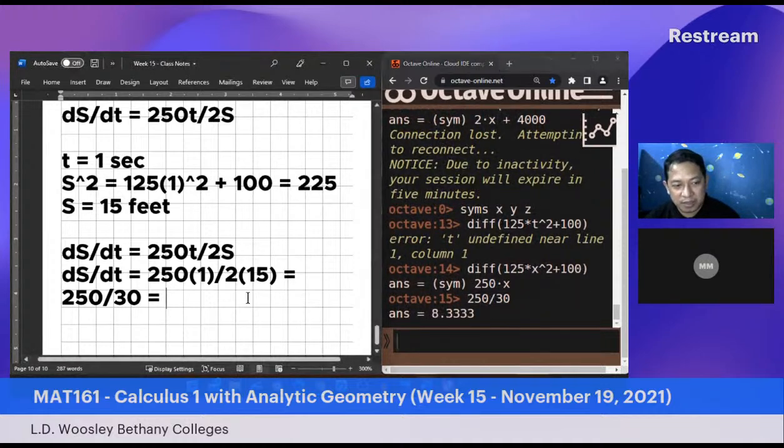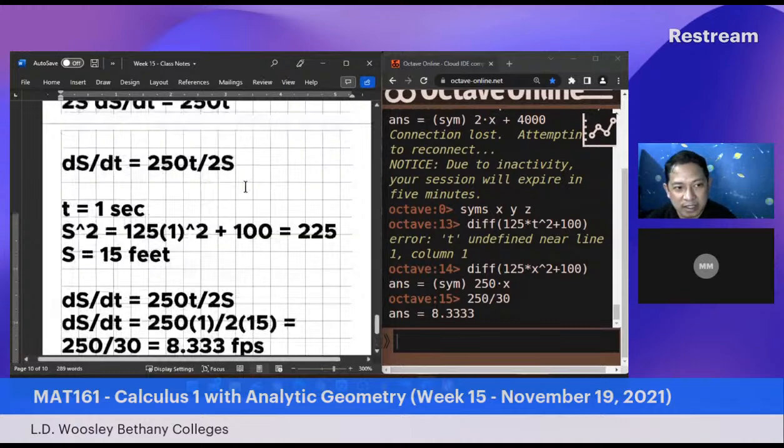And what is the unit of this? What's the unit? Michaela, what's the unit? 8.33 feet per second.